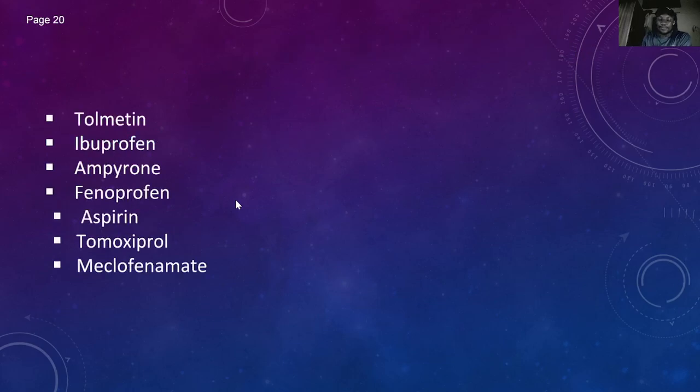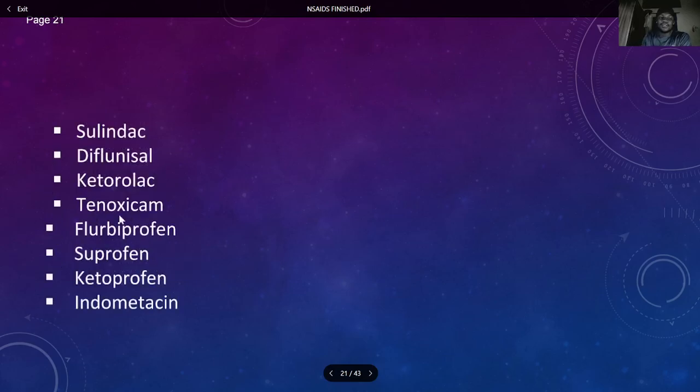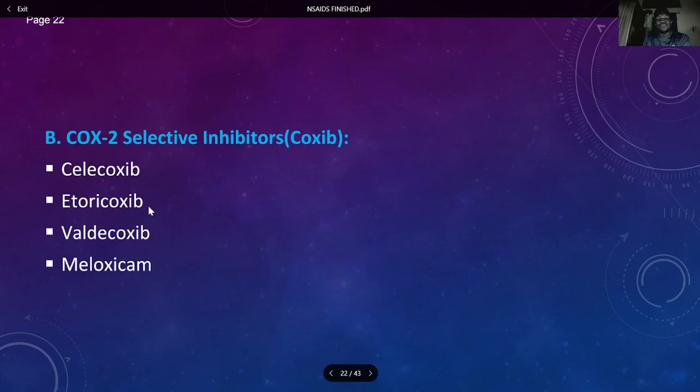We also have tolmetin, ibuprofen, fenoprofen, aspirin, meclofenamate, sulindac, diflunisal, ketorolac, tenoxicam, flurbiprofen, suprofen, ketoprofen, indomethacin.